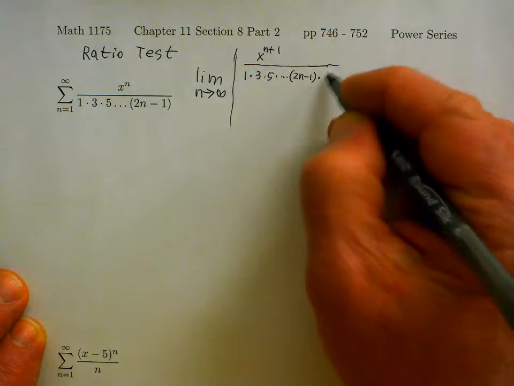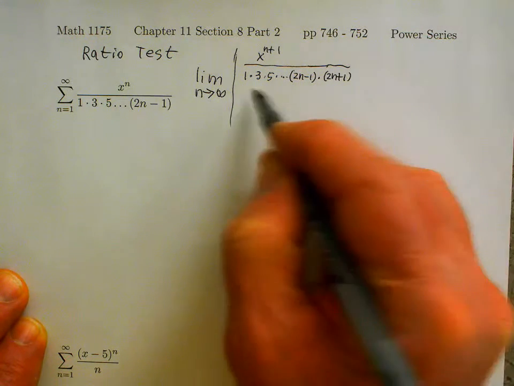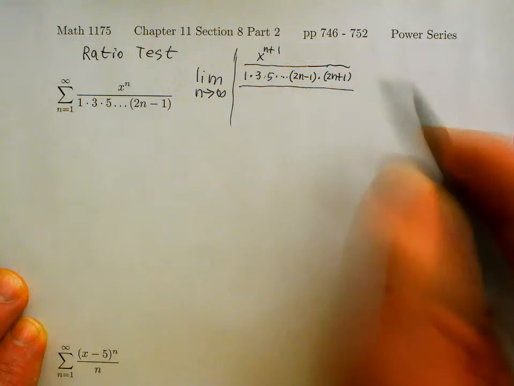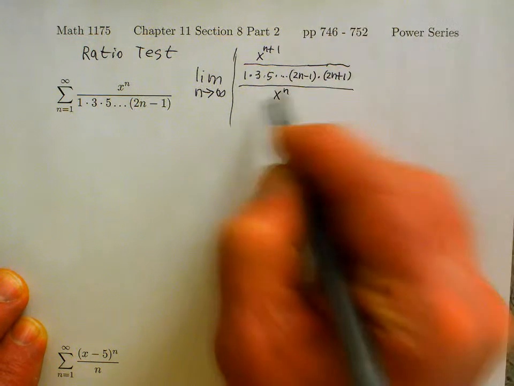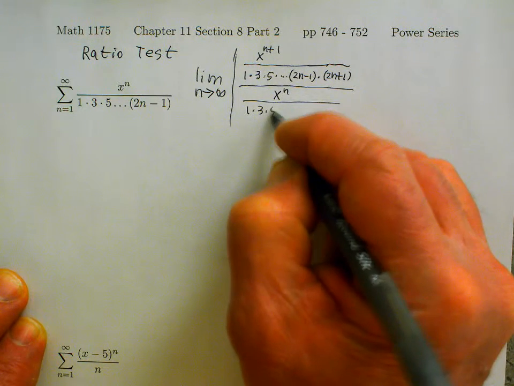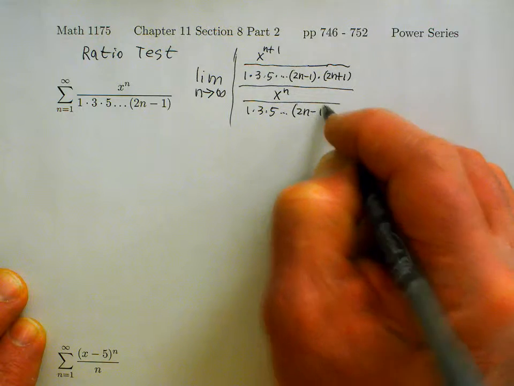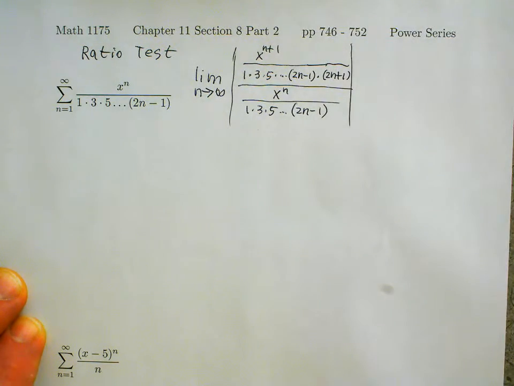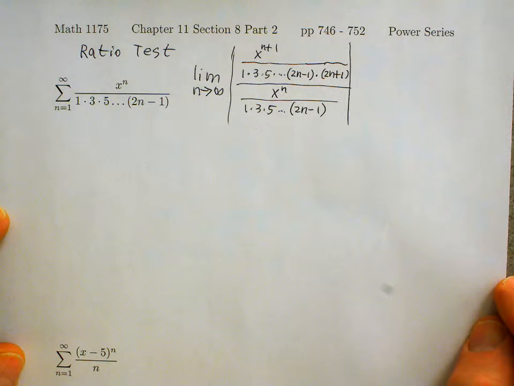Yeah, so this factor is 2n plus 1. And then we divide that by the nth term, which is x to the nth, over 1 times 3 times 5, dot, dot, dot. Last term, 2n minus 1. Hey, this is going to simplify pretty nicely.